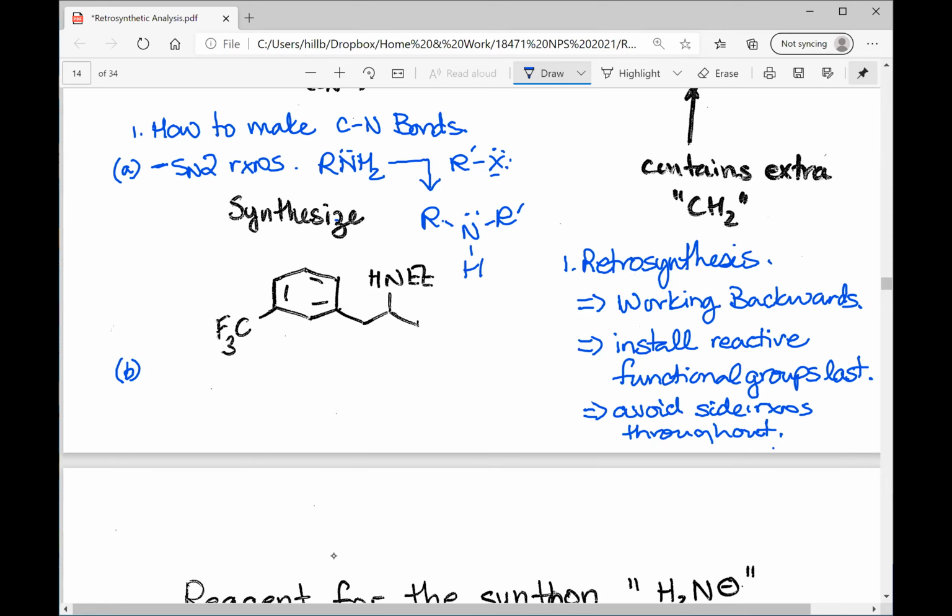Using cyanide ions. Right, so this would be an SN2 type of thing, but the difference being that you're using a nitrile or a cyanide and doing an SN2 on an RX, so you would make the nitrile, and you would need to then reduce it.